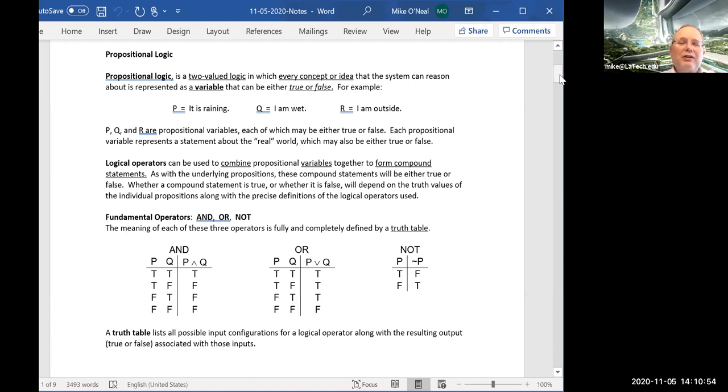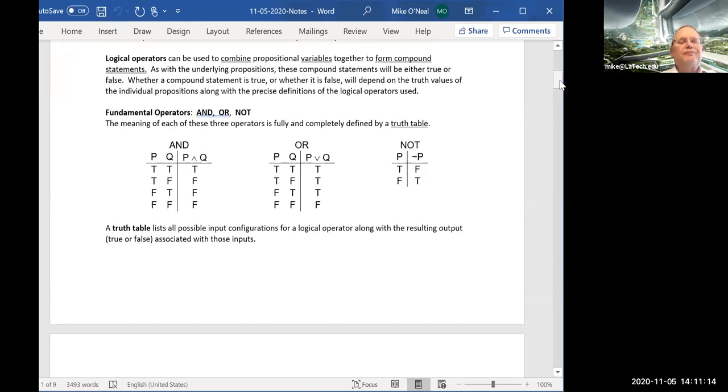As we know, that's a fake background. So I am outside is false. So all those happen to be false right now. But at various other times, those propositional values could be true. So again, these variables have propositions or statements associated with them, and those statements can be true or false.